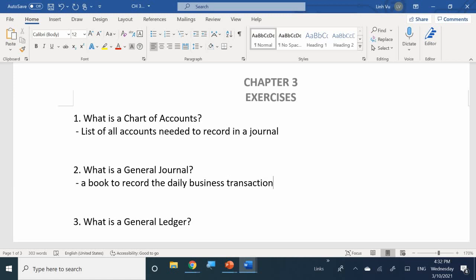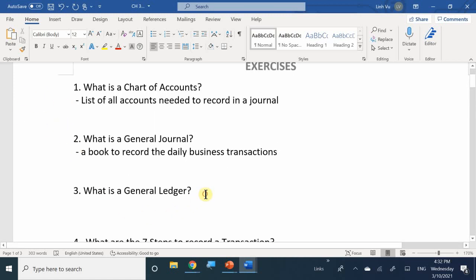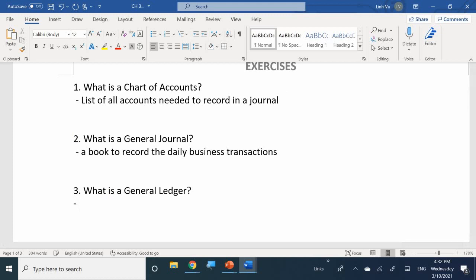Okay, good. What is the general ledger? A book of record of all accounts with their respective running account balances. Good. A book of all accounts with their respective account balances.